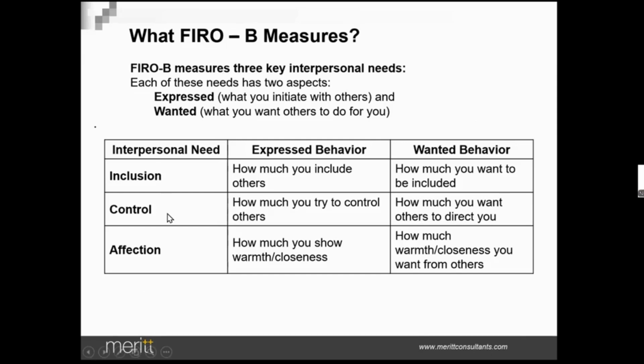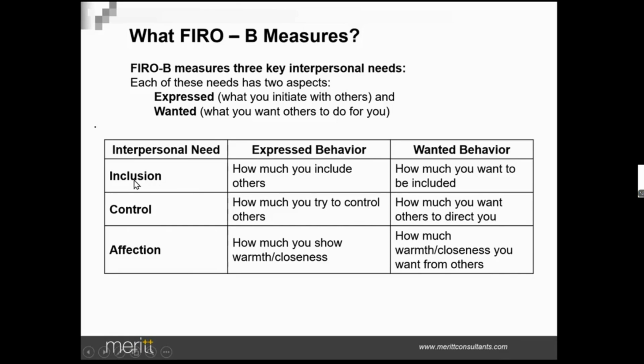Inclusion, control, affection. Now, these 3 dimensions again have 2 aspects. What are they? How much do you express? It's called expressed behavior, E, and wanted behavior, W. So that means they have how many? 6 dimensions.